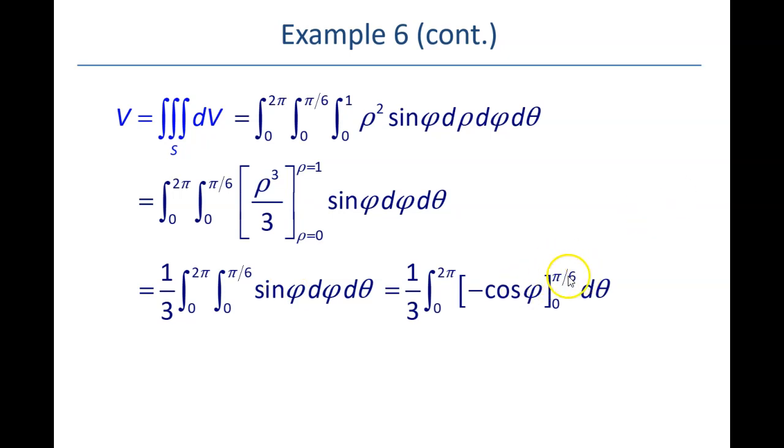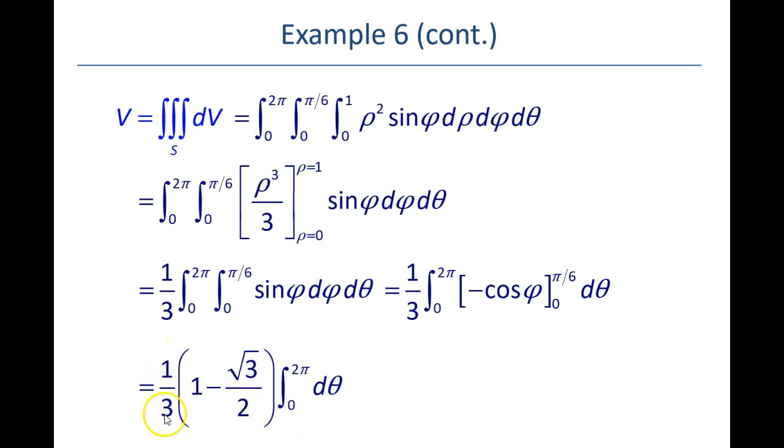The cosine of pi over 6, when I plug that in, would be the square root of 3 over 2, but it's negative, so negative square root of 3 over 2. The cosine of 0 is 1. We're subtracting that, so it's negative 1, and we're subtracting that, so we'll get positive 1 minus the square root of 3 over 2.